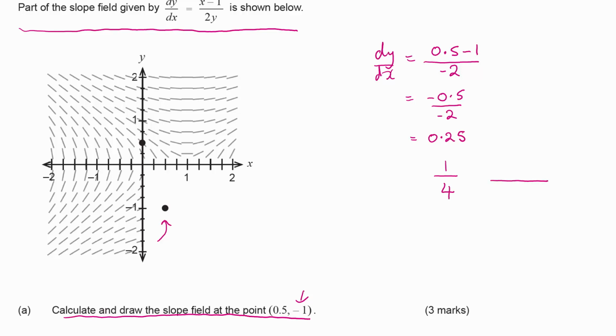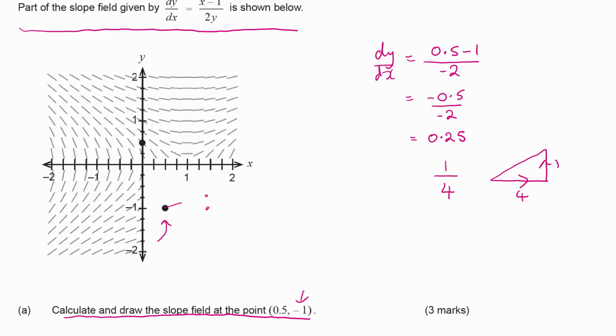So that means for every 4 units we go across, we go 1 unit up. And we should try to do this with reasonable accuracy. So I'm going to go 1, 2, 3, 4 units across, which would be to here, and 1 unit up would be there. So I want to draw in that sort of direction.